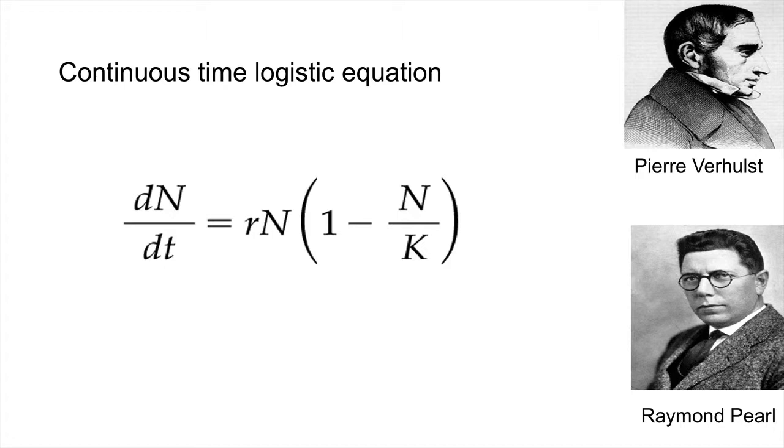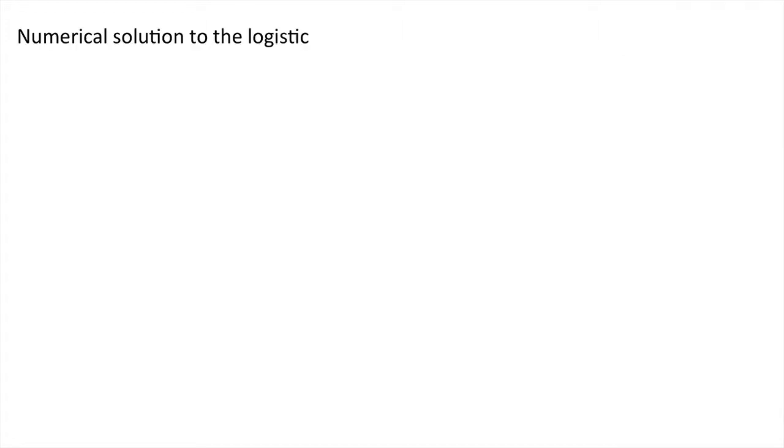Now, it turns out that we can find a simple analytical solution to this differential equation. But here what I would like to do is to simply look through and see if we can find a solution using the ODE function of deSolve.